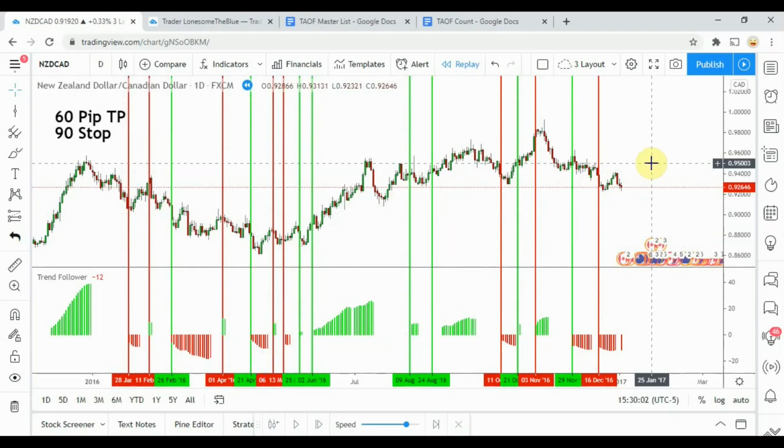So 16 trades altogether. And we have 1, 2, 3, 4, 5, 6, 7, and 8. 8 winning trades. And so unfortunately, that is not going to meet the 60% win rate requirement. It was ever so slightly off.